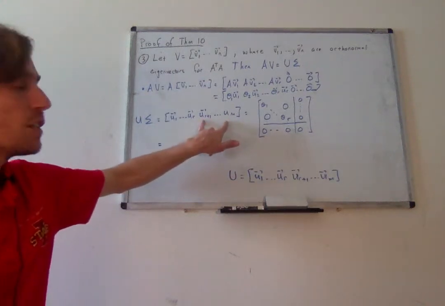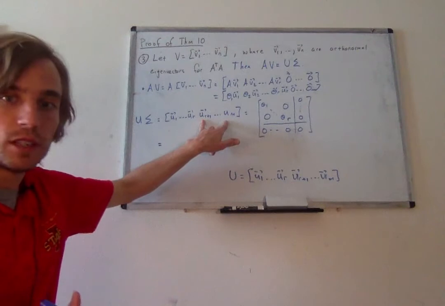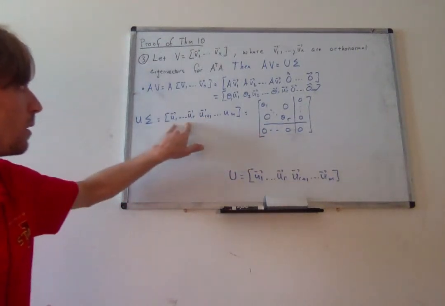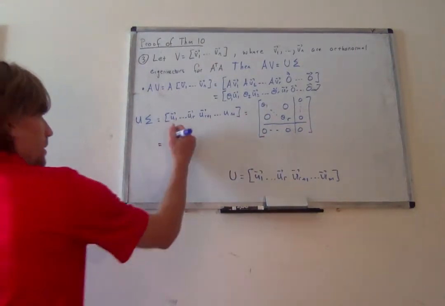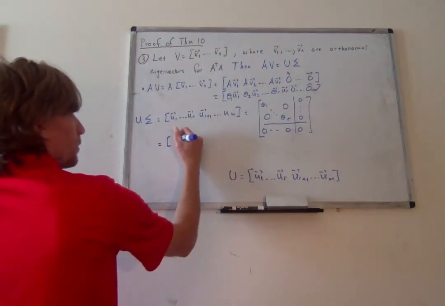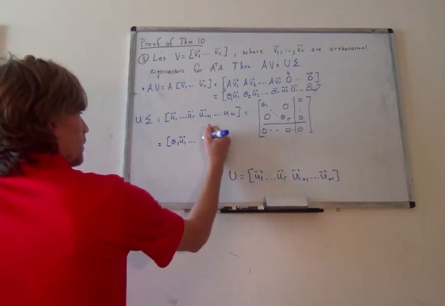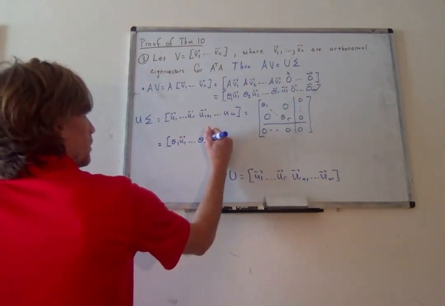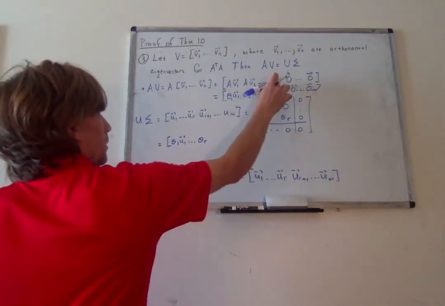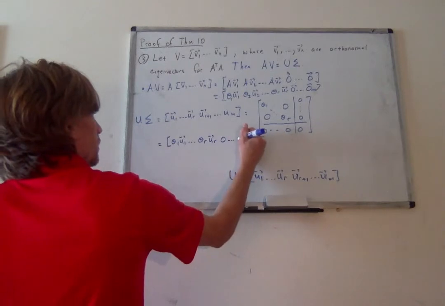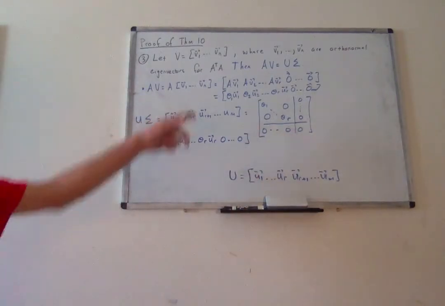So in this way, these vectors will never actually matter in this product because they always just get zeroed out. These vectors are always going to match up with these sigmas. And so sure enough, computing this product, you get that this is equal to the following matrix, which is equal to A times V.